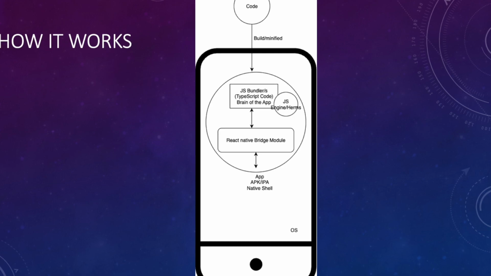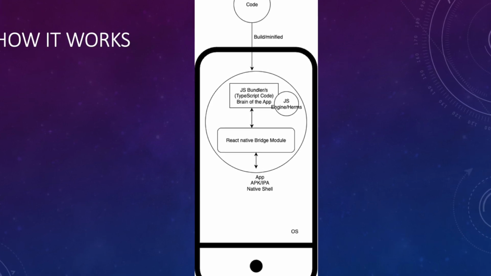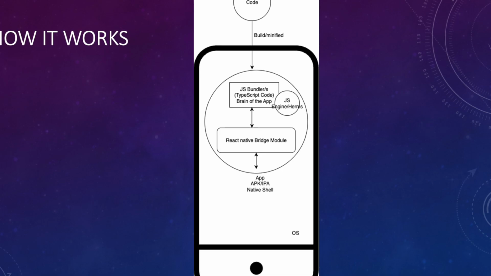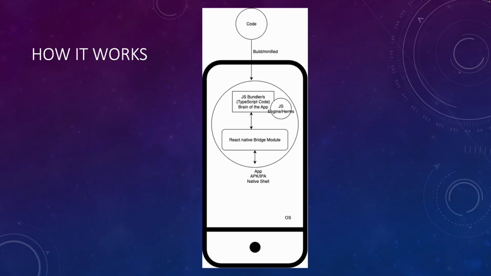This is the crucial part. It's a set of native modules that expose native APIs and UI components to the JavaScript environment. So from this diagram, I think you will be able to understand what I'm talking about. The native shell, when you create the APK for Android or IPA for iOS, is not just your JavaScript bundle.